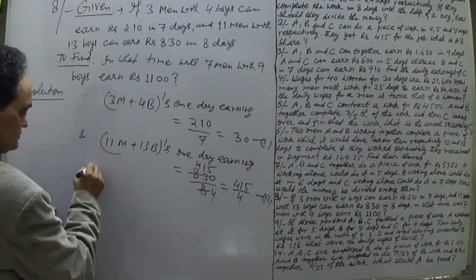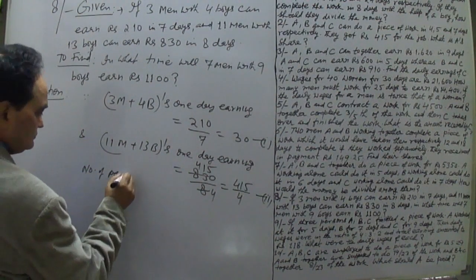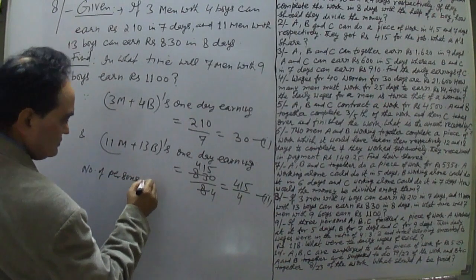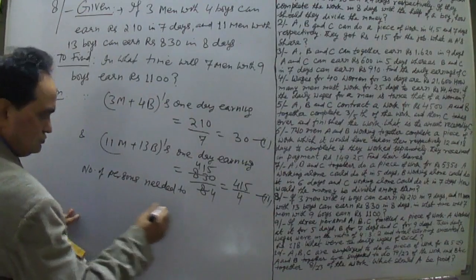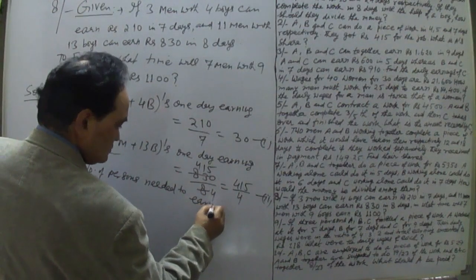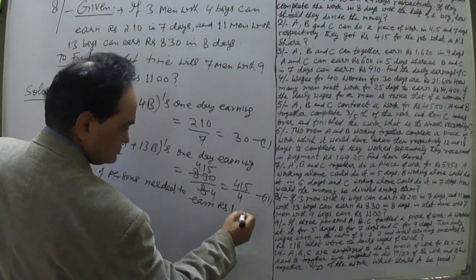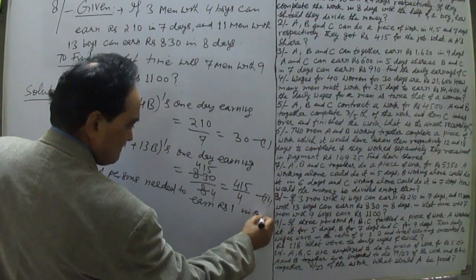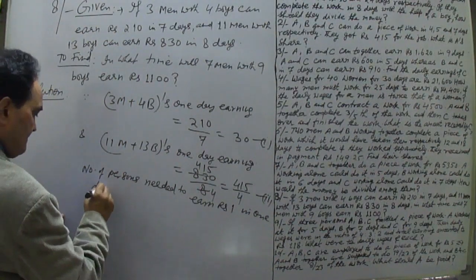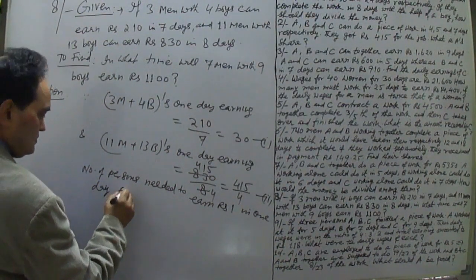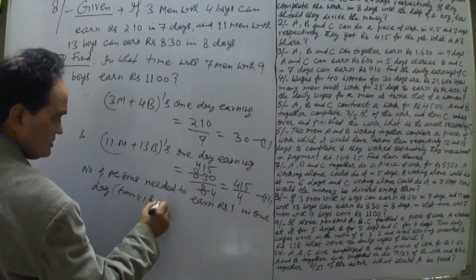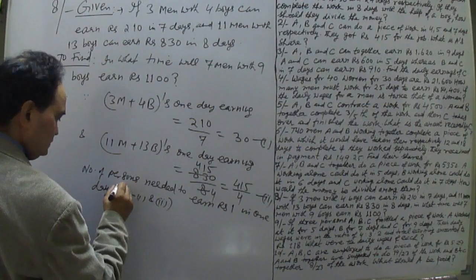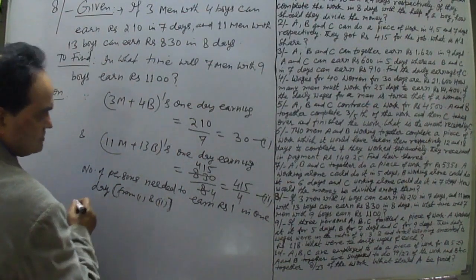Now, the number of persons needed to earn rupee 1 in 1 day, from equations 1 and 2. From these two equations, what do we have?